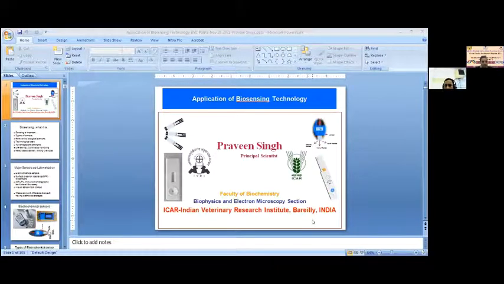Anil, is the screen coming now? Yes, sir. The screen is coming, but it is not in full mode. Let's check whether it is moving from here or not. It's still not moving. Sir, either log out and log in again on Zoom. Completely? Yes, sir. One minute. Okay, I'm just doing the same. I'm logging out. I am leaving.